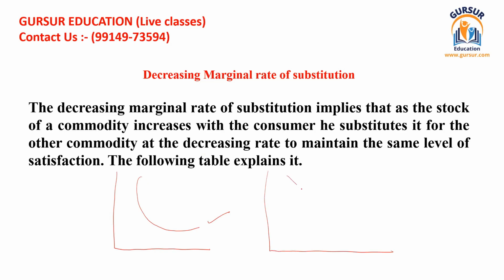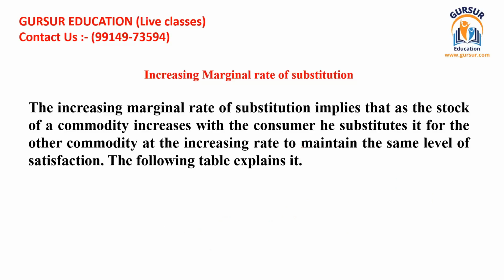When you get this kind of indifference curve, this refers to constant marginal rate of substitution. And finally, if you get this kind of indifference curve, that refers to the increasing marginal rate of substitution. So that was all to understand in the laws regarding marginal rate of substitution.